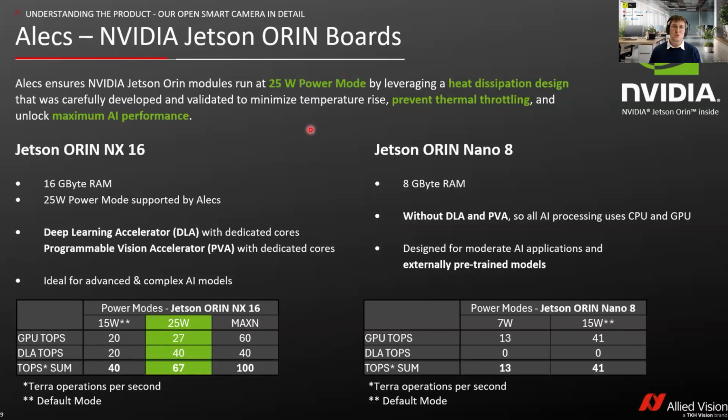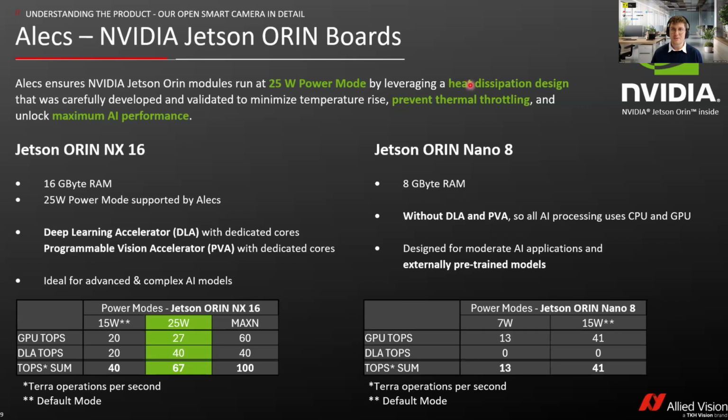Coming to a slide which compares the different Jetson Orin boards. As mentioned, we come with the 25-watt power mode, which enables us to use more hardware of the Jetson boards than in a 15-watt power mode.